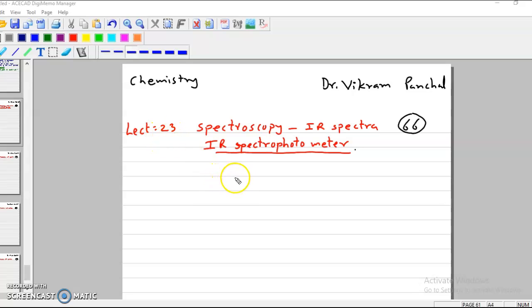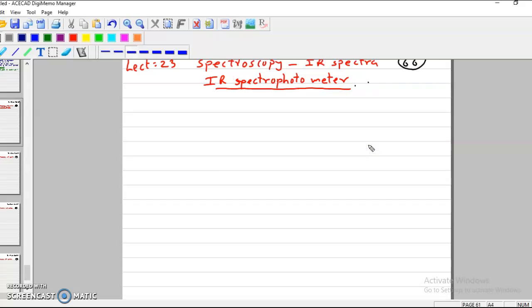In this lecture I will explain the instrument with the help of which we take IR spectra, and that instrument is known as IR spectrophotometer. If you want to take IR spectra, then we need a source which gives us IR radiations.